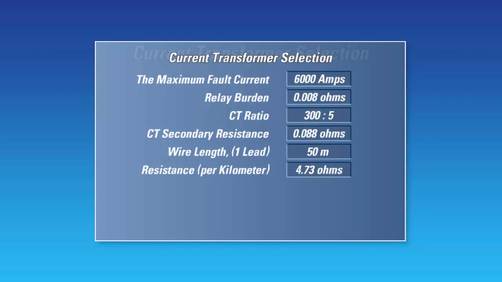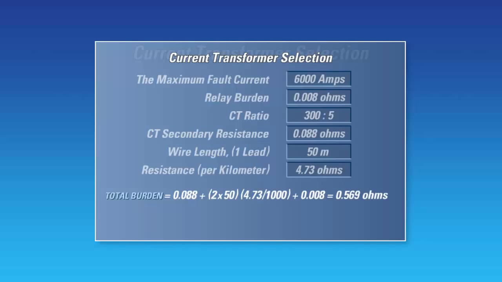The total burden is calculated as follows. The total burden equals the CT secondary resistance, 0.088, plus 2 times the lead length of 50 meters, times the lead resistance of 4.73 ohms per kilometer, divided by 1,000, plus the relay burden of 0.008 ohms, which equals a total of 0.569 ohms.